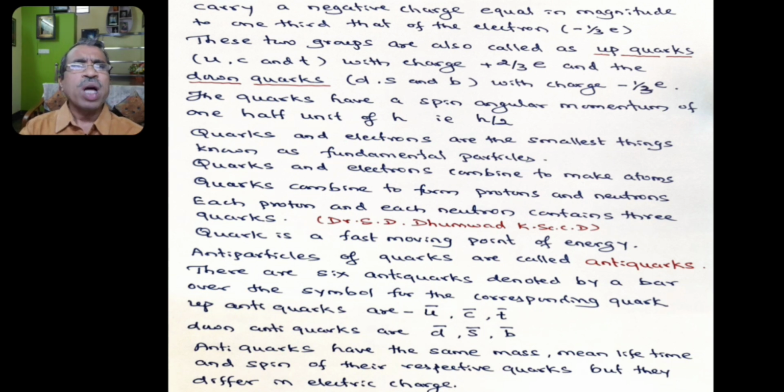These two groups are also called up quarks with charge plus 2/3 e and down quarks with charge minus 1/3 e.